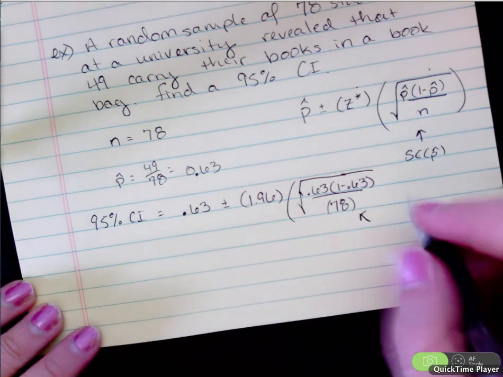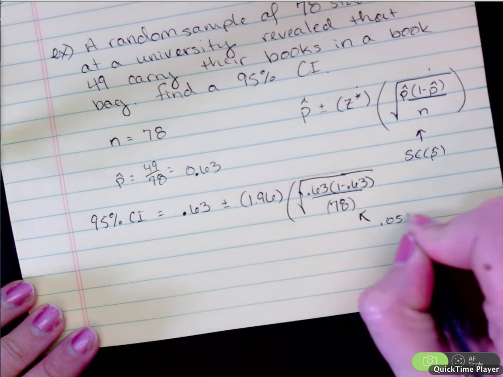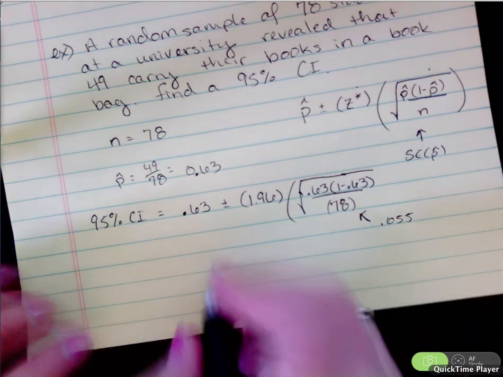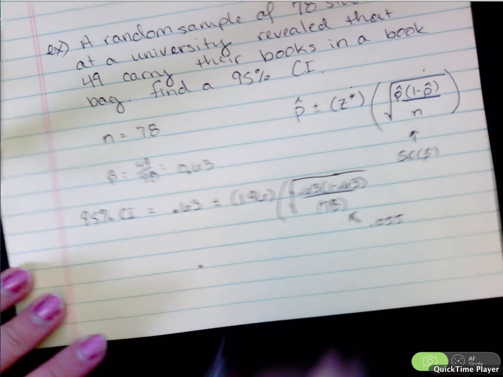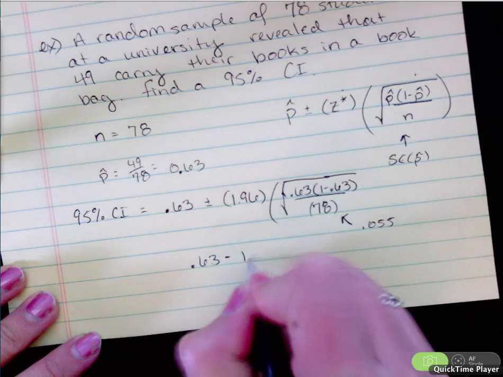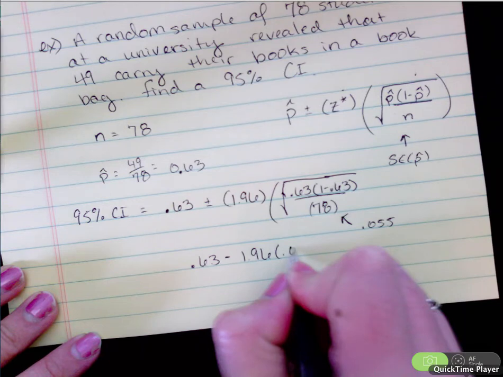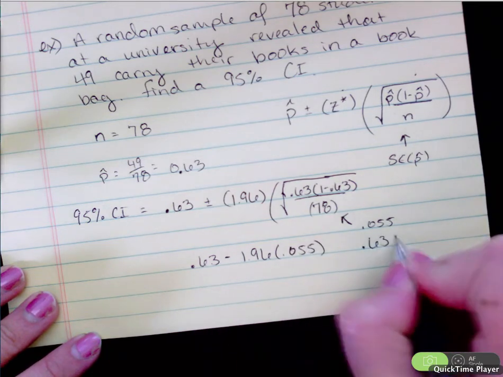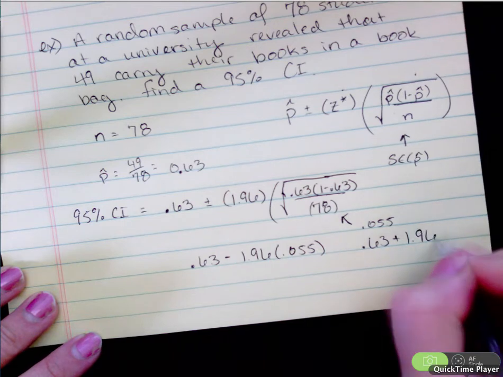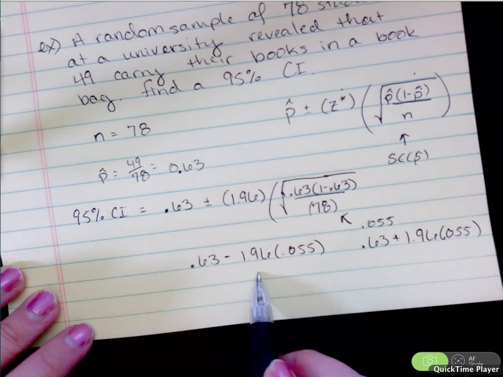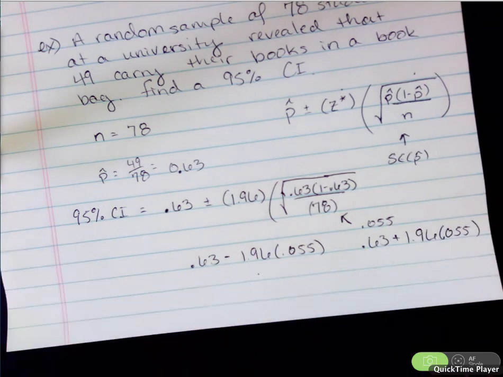This all gives me 0.055. So I have to do 0.63 minus 1.96 times 0.055, and 0.63 plus 1.96 times 0.055. That gives me the lower and higher values of my confidence interval.